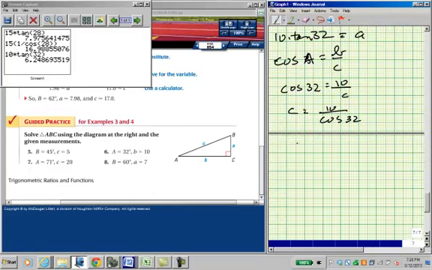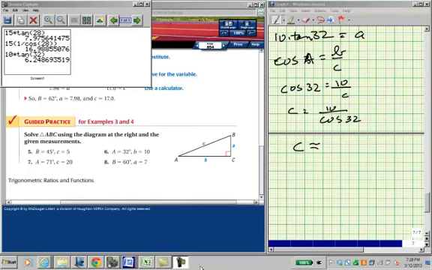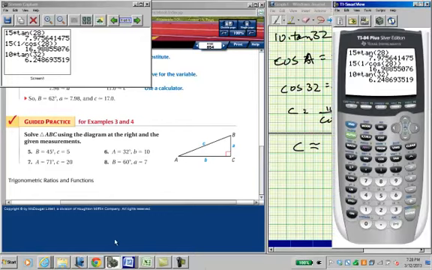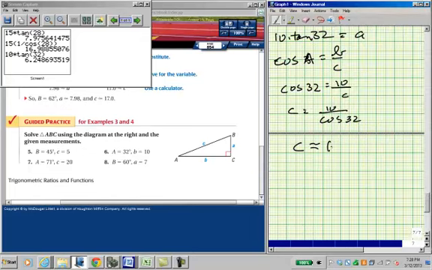And C will approximately equal, we go back to the calculator, 10 divided by the cosine of 32. About 11.8. Okay, and that triangle is solved.